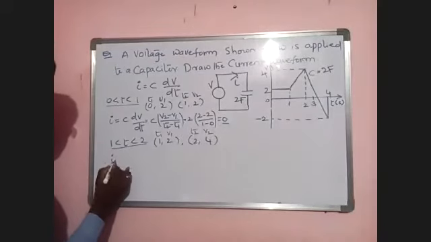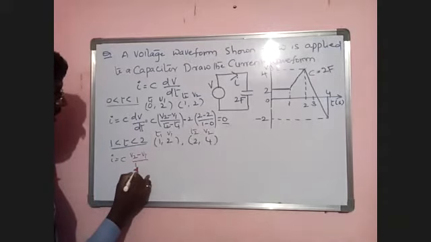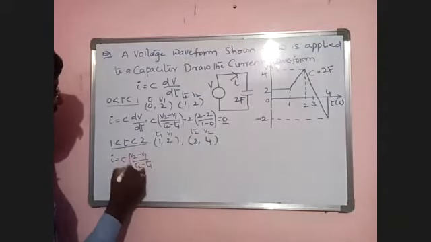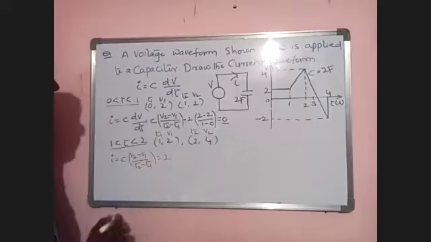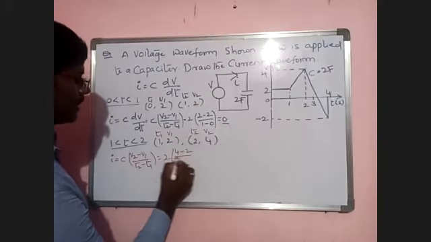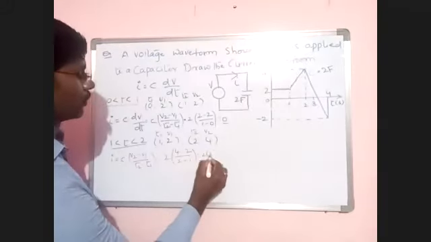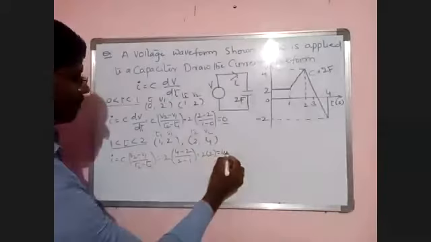Again, I is equal to C into V2 minus V1 by T2 minus T1. What is C? 2 into 4 minus 2 by 2 minus 1. So 2 into 2, which is equal to 4 amps.